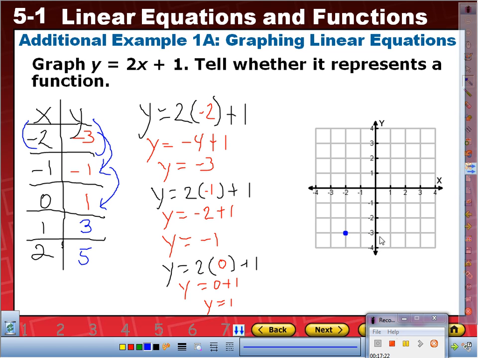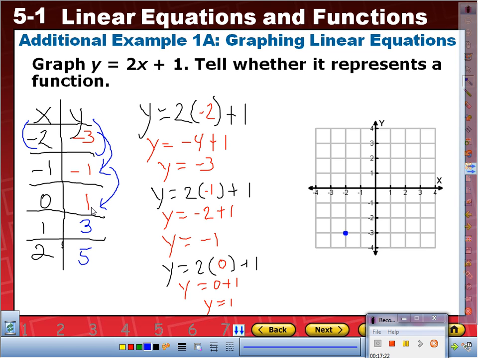So you say, this is Main Street, and this is Bariani, right? So is the person going to stand just on Main Street? No. Are they going to stand on Bariani? No, they're going to stand at the corner of Main and Bariani. That's how you plot your point, at the corner of negative 2 and negative 3. Copy that, and let's do the rest together.